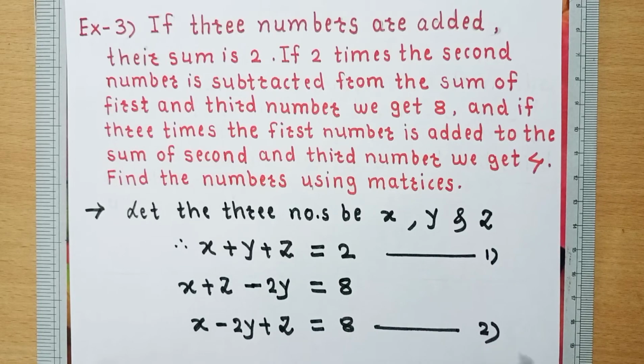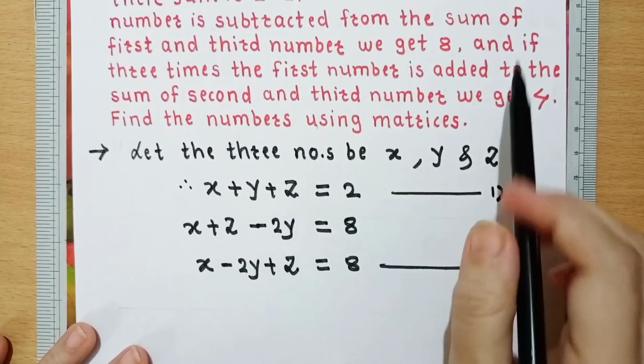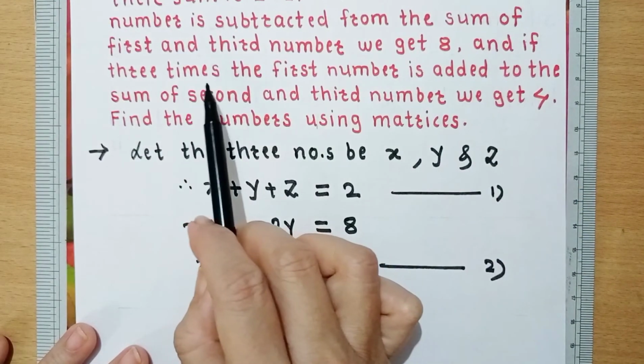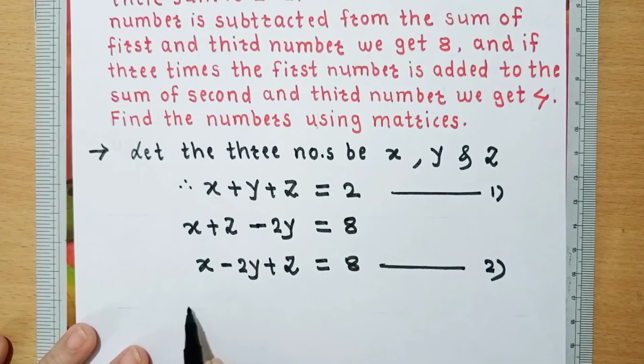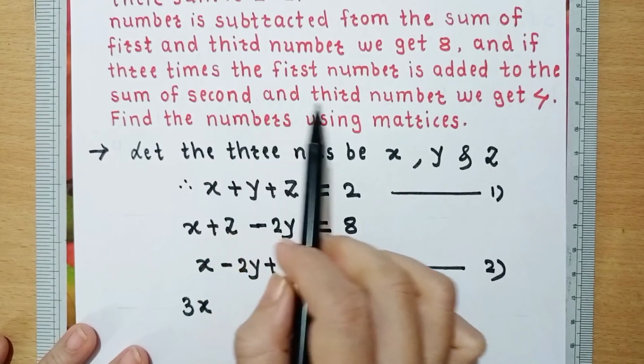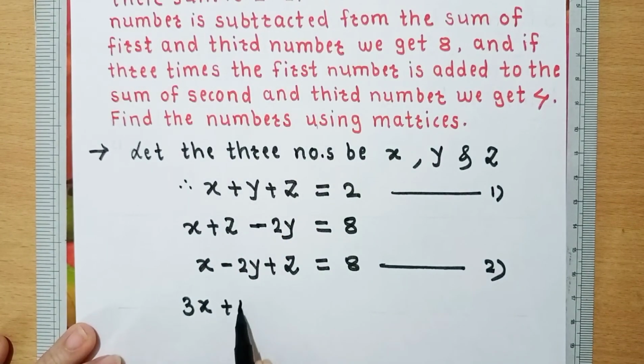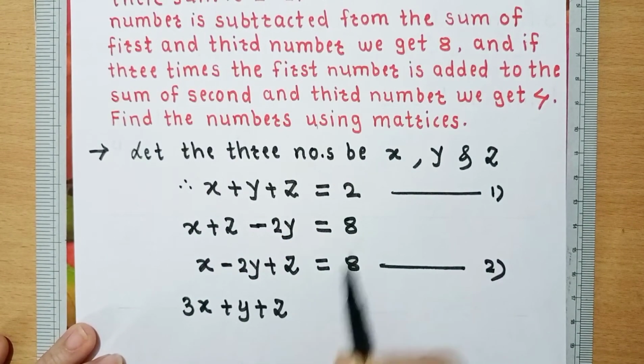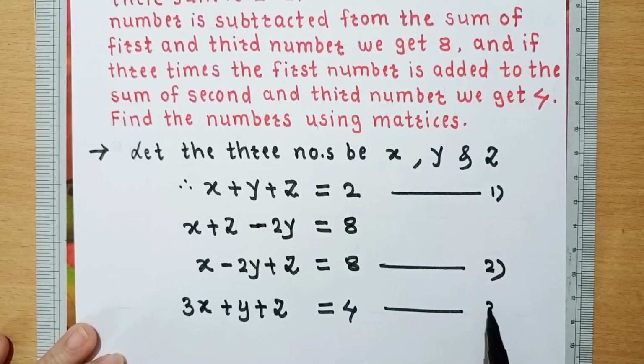Say this is the second equation. And now the third one: if 3 times the first number, that means 3x, is added to the sum of second and third, means plus y plus z, we get 4. Say this is the third equation.